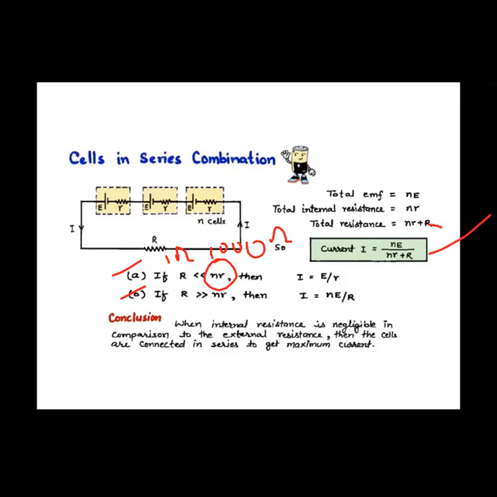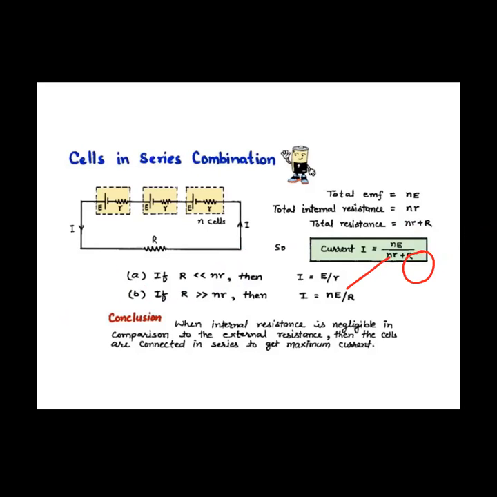So under this condition, capital R can be neglected. We can remove capital R because 1000 plus 1 is 1001, which is nearly 1000 only. So if the value of R is very small, then in this equation R can be neglected. So our equation becomes I equals nE by nr. n cancels, so I equals E by r.